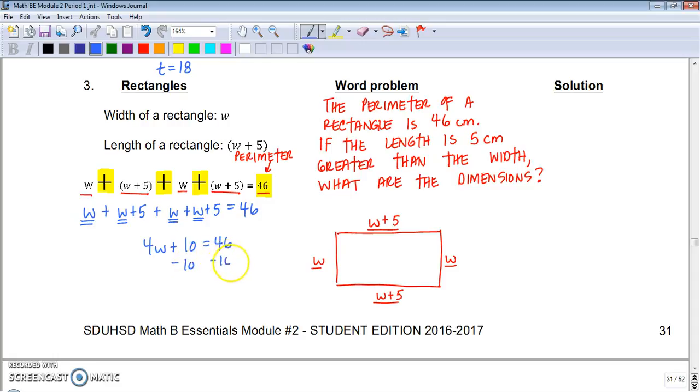I'll cancel out the 10 by subtracting 10 from both sides. 46 minus 10 is 36. 4W comes down. And I divide by 4 to get 9. So if the width is 9, then the length must be 9 plus 5, which is 14.